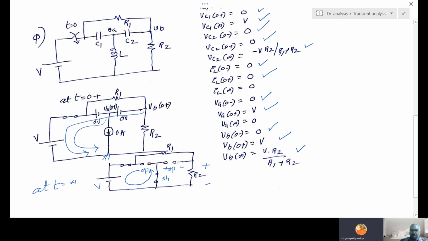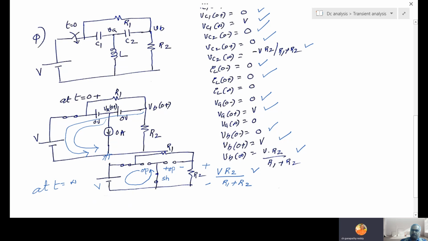This V dividing between R1 and R2, na? So what is the voltage here? V into R2 by R1 plus R2. That is the voltage in R2, because this path is open, this path is open. This is the only loop closed, R1, R2 are in series. Use voltage division, you get this.